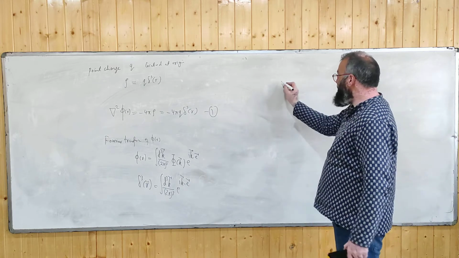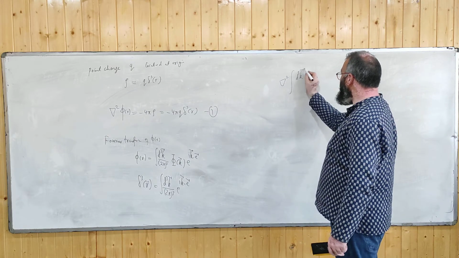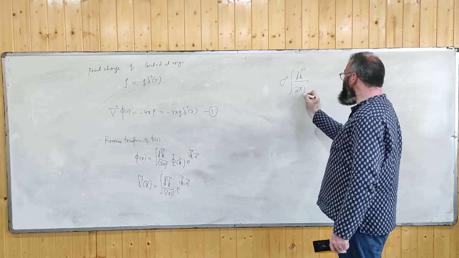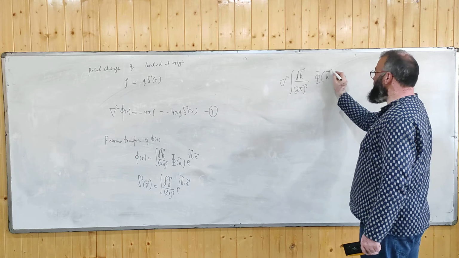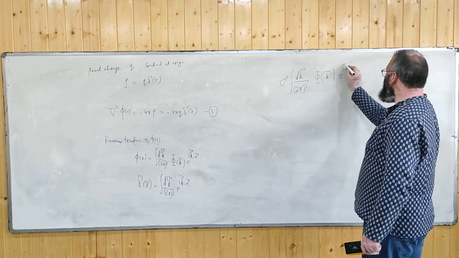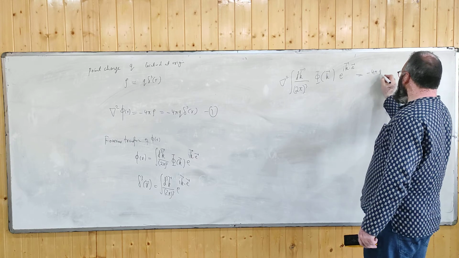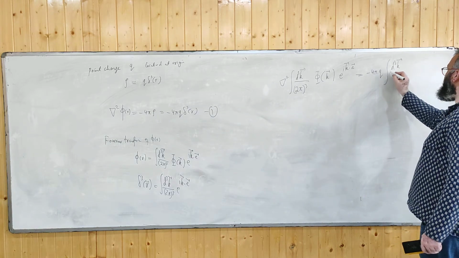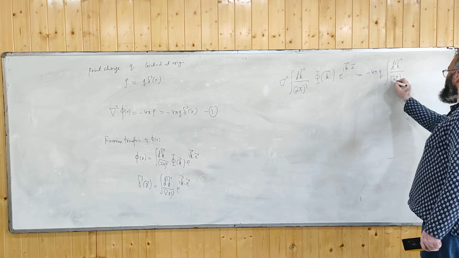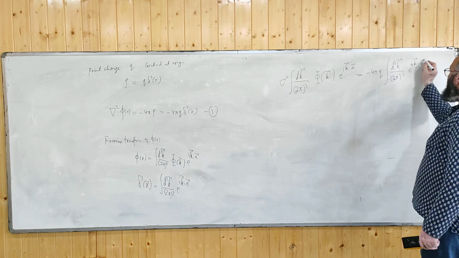Okay, so what am I having? Nabla square acting on this d3k by 2 pi cube phi of k e raised to i k dot r is equal to minus 4 pi q integral d3k divided by 2 pi cube e raised to i k dot r.